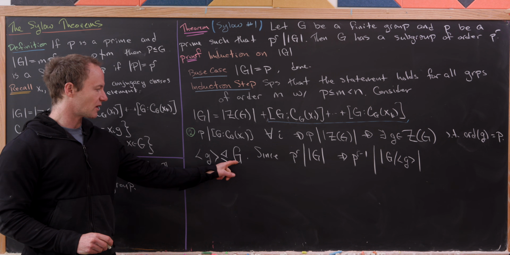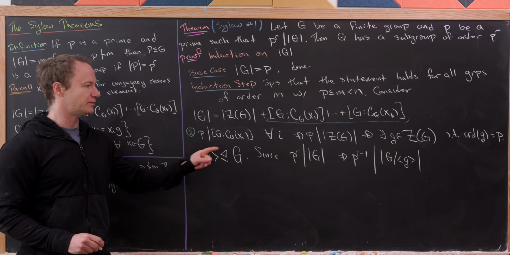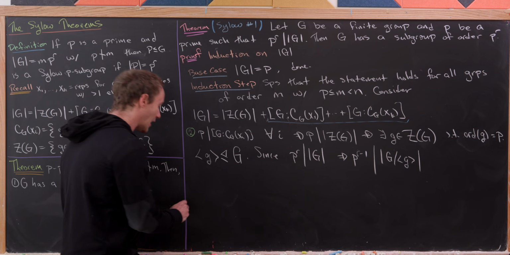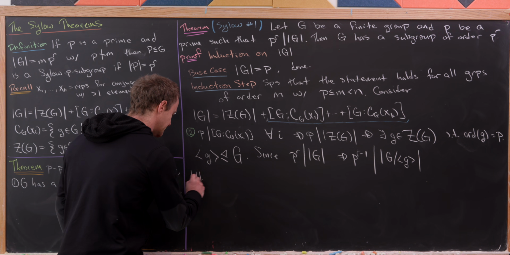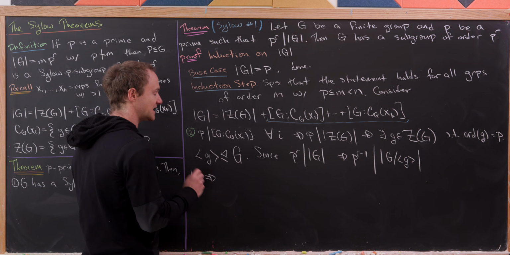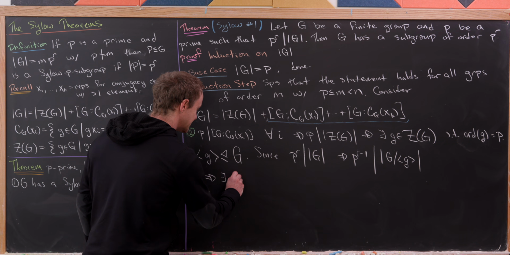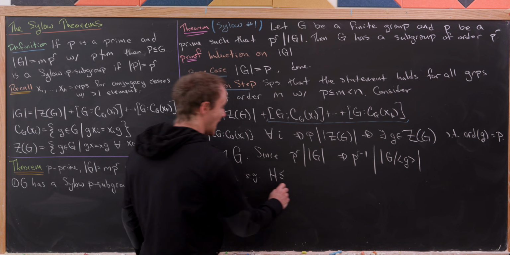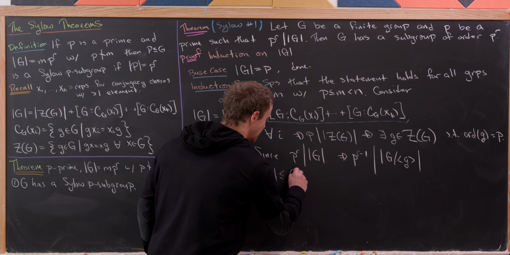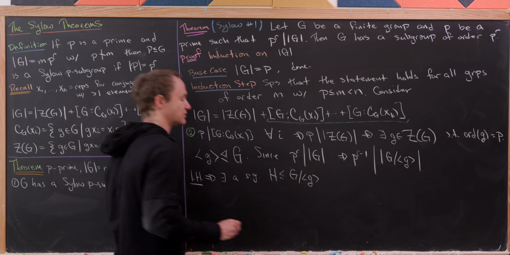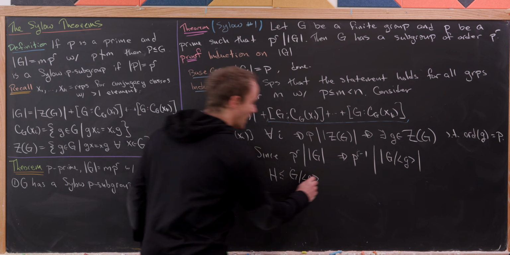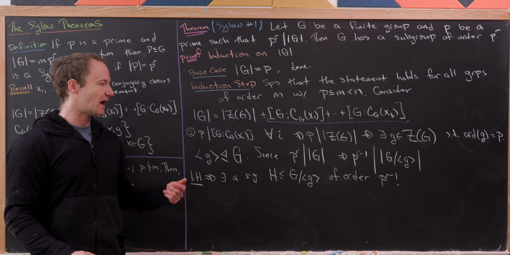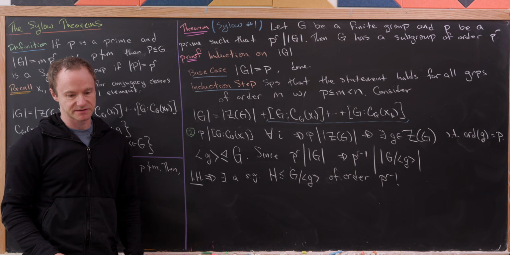But then p to the r divides the order of G, we're dividing out one of the p's, so p to the r minus 1 divides that quotient group. But now we'll apply the induction hypothesis. So the induction hypothesis implies that there exists a subgroup H of our quotient, so that would be G mod the cyclic subgroup generated by little g, of order p to the r minus 1. Again, that's by our induction hypothesis.